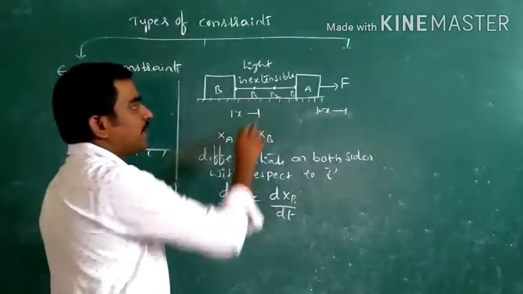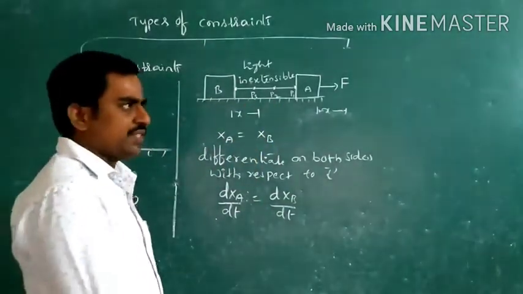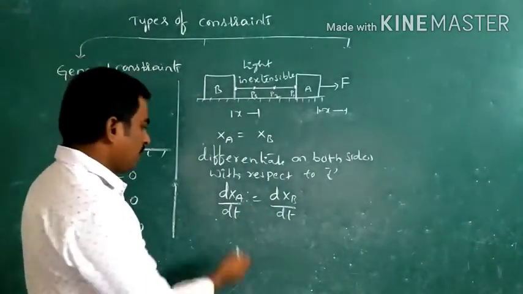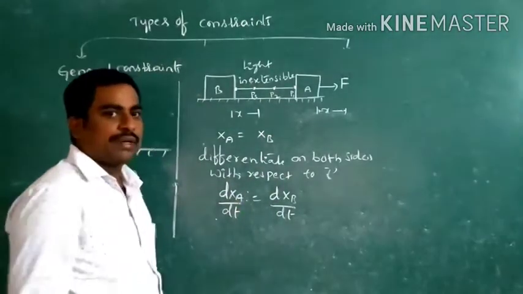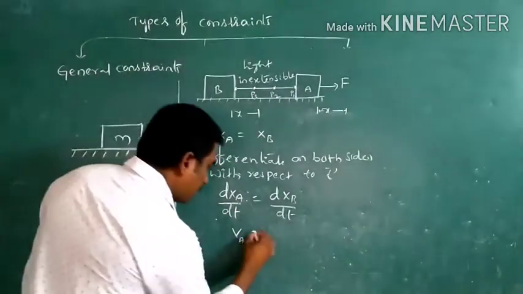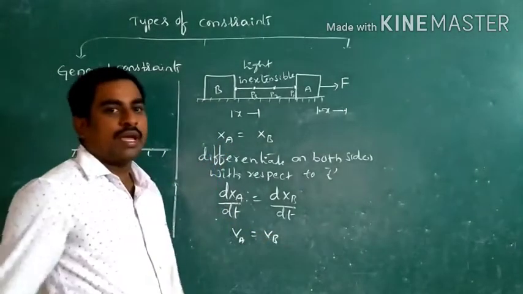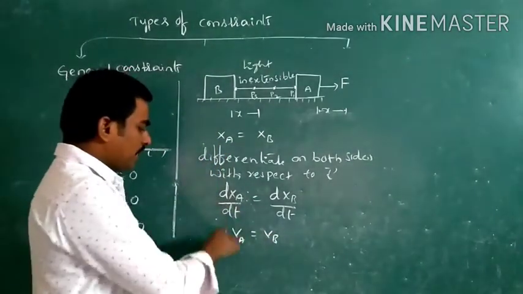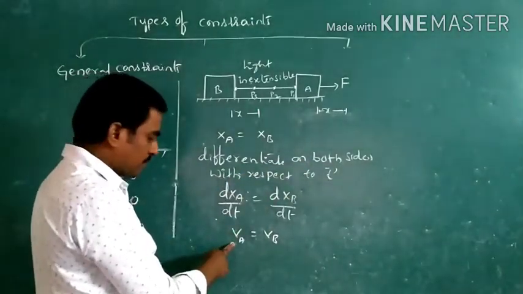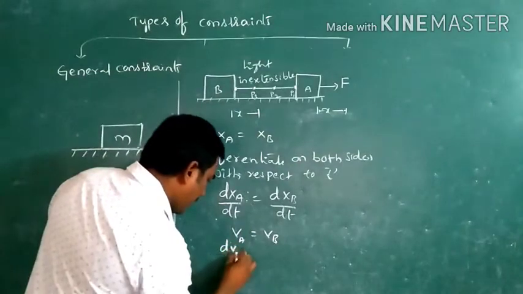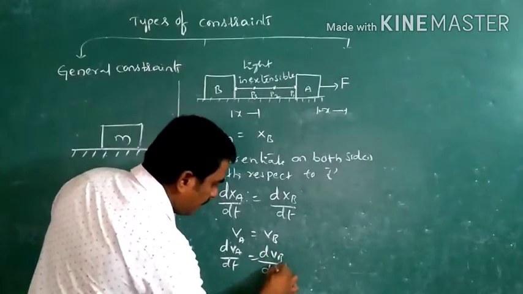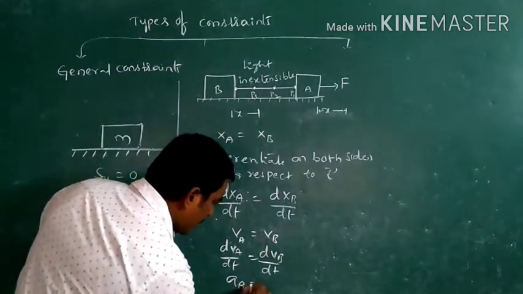Here xA and xB are displacements, distances or displacements along a straight line. The rate of change of displacement is called velocity, so this is vA and this is vB. At the same time, differentiating on both sides with respect to time for velocity, again we get dvA/dt equal to dvB/dt. Finally we get aA is equal to aB.